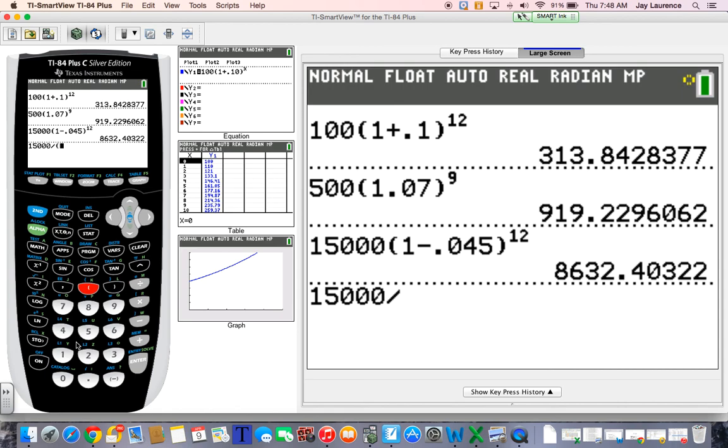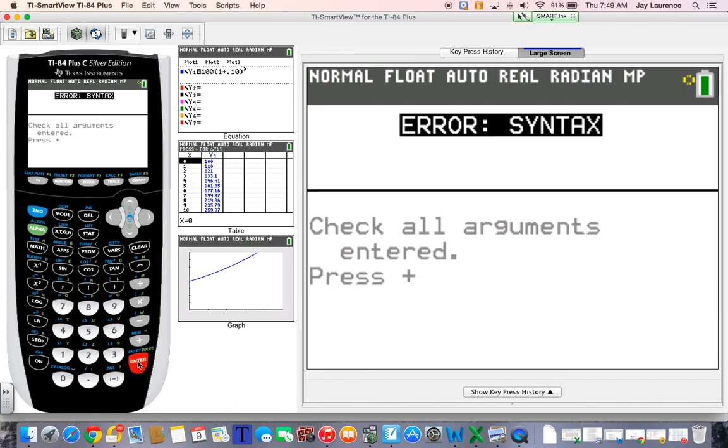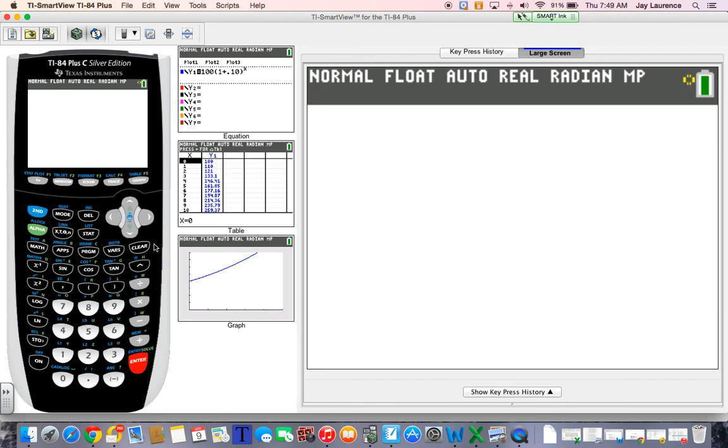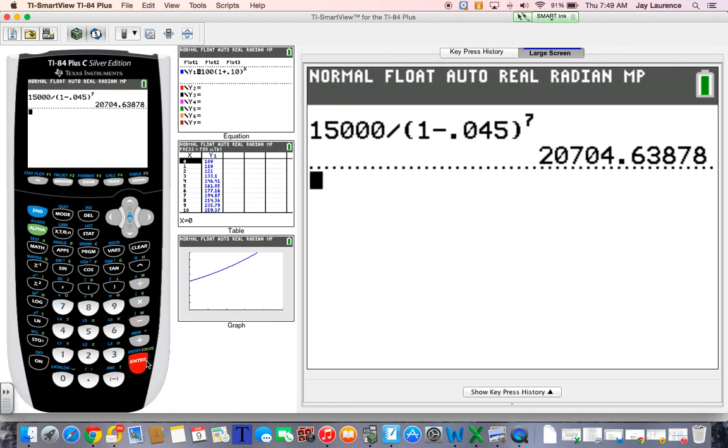I'm going to divide that by 1 minus 0.045 for 7 years. Okay, and oops, something's wrong. What did I do? Oh, I must have hit the negative instead of the minus. Sorry about that. All right, there we go. So we would have had about 20,704 people, right?